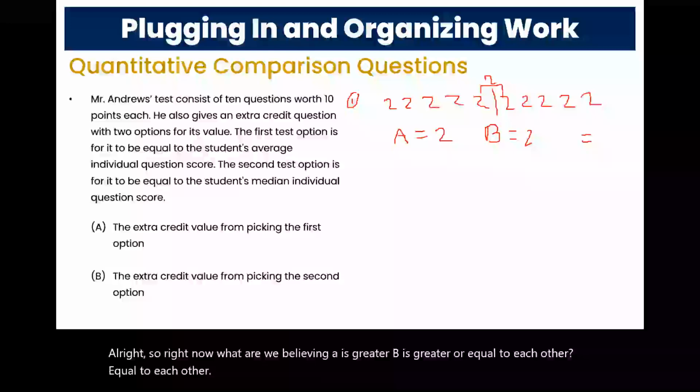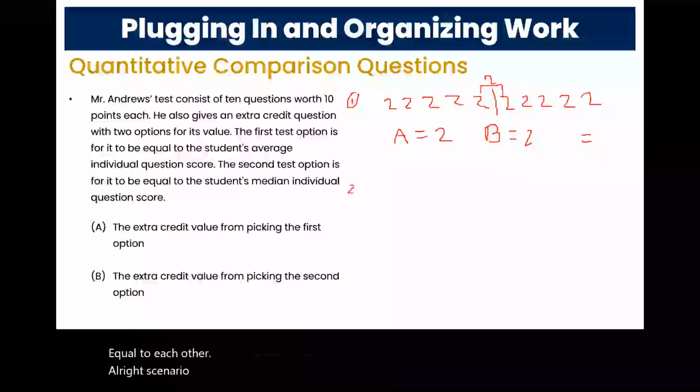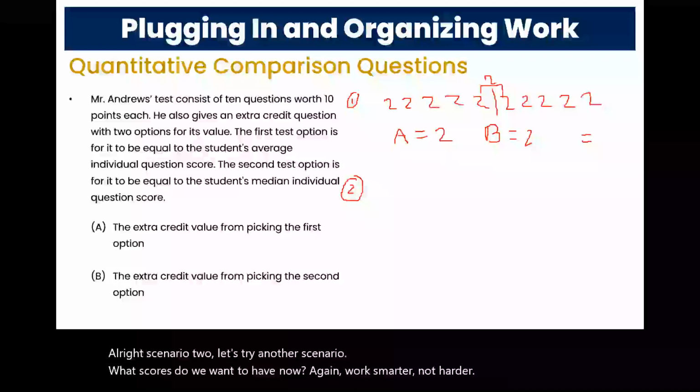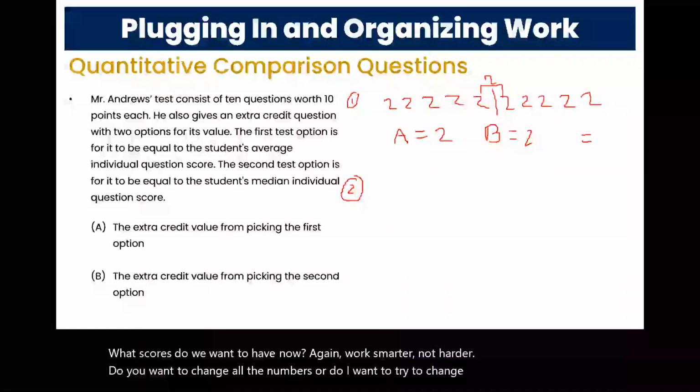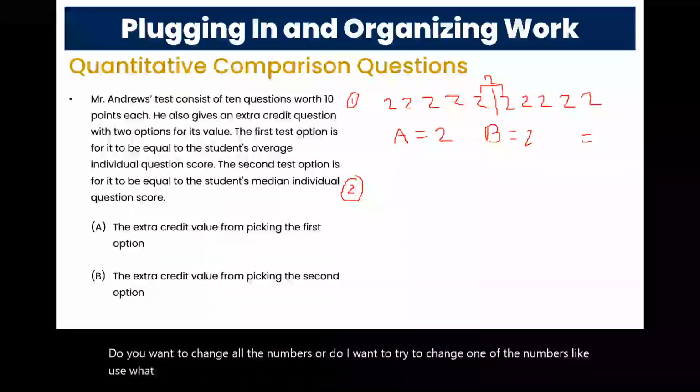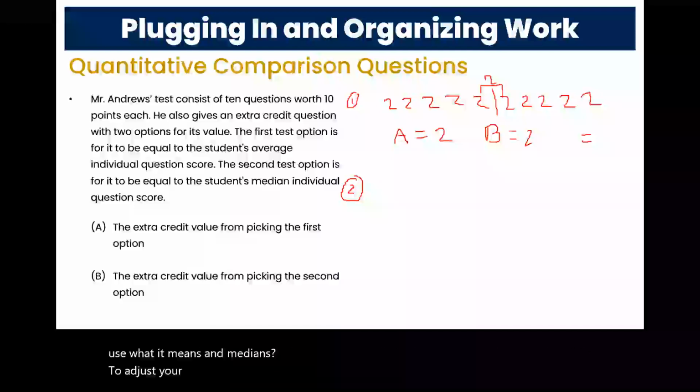All right. Scenario 2. Let's try another scenario. What scores do we want to have now? Again, work smarter, not harder. Do I want to change all the numbers or do I want to try to change one of the numbers? Use what you know about means and medians to adjust your data set.